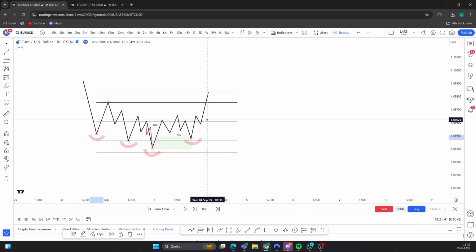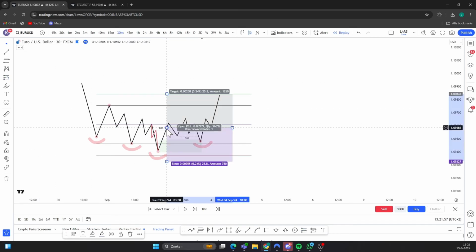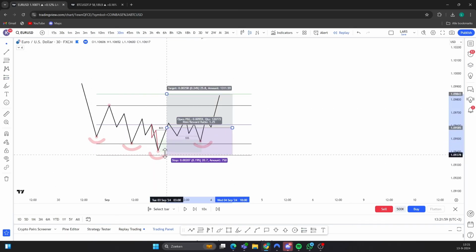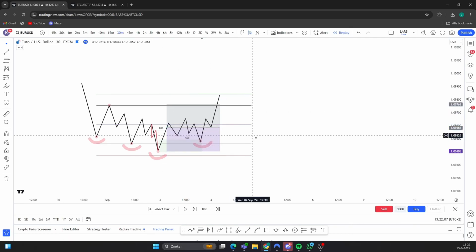And why this is so important to know and to understand is, one, we can improve our risk to reward, just like within Wyckoff schematics. Right here, if I entered long on the break up in structure, and I put my stop loss below my third tab low, and I would target the high, I would have around a 1-to-1 risk to reward. It's not the best, but it's an example.